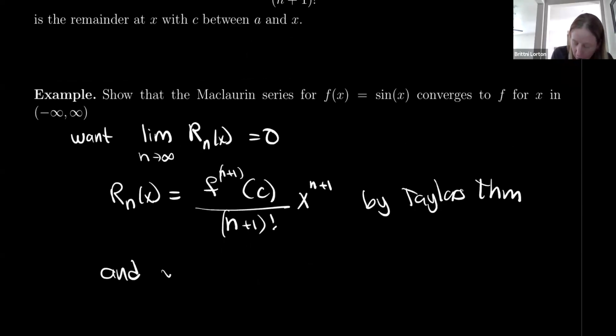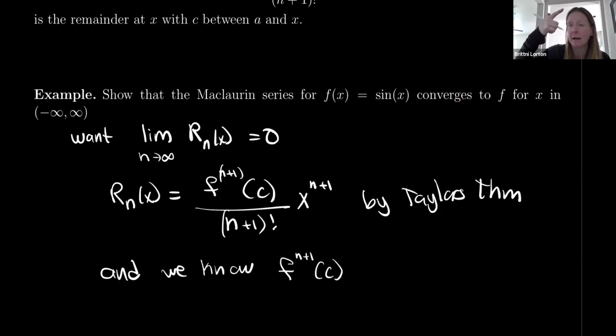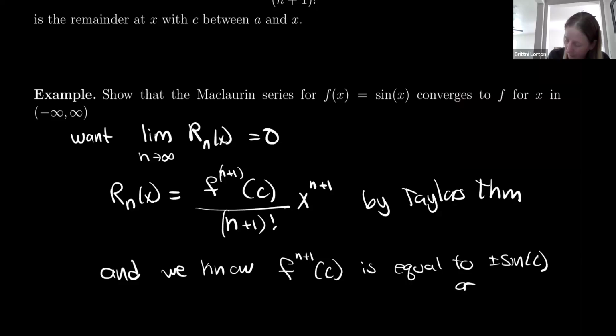And this is kind of key right here: we know that no matter how many derivatives I take of sine, it's going to be either cosine, sine, negative cosine, or negative sine. Think about the derivatives of sine. Is it ever going to be anything that's not sine or cosine? No, it's always going to be that. We know that this is equal to plus or minus sine or plus or minus cosine.